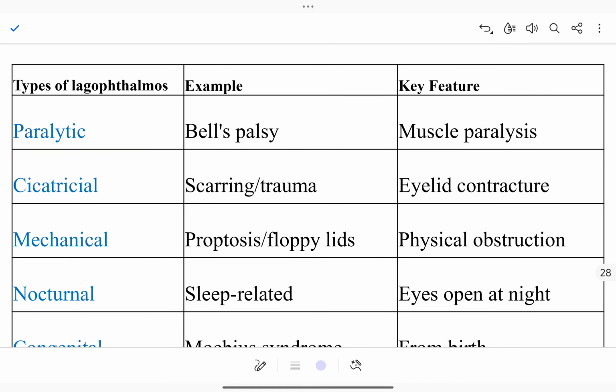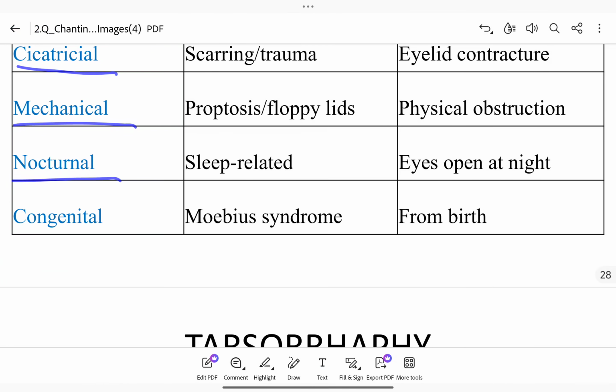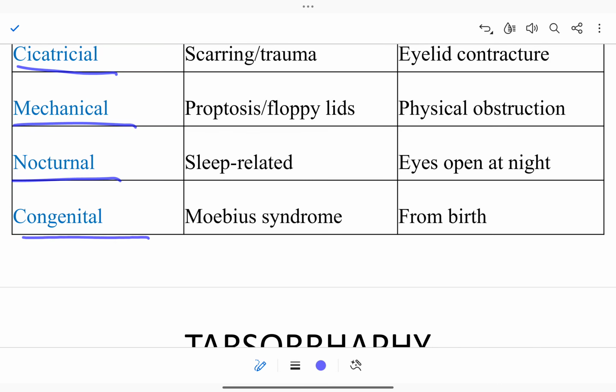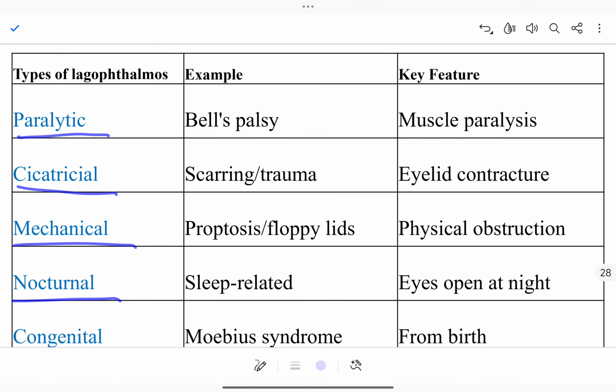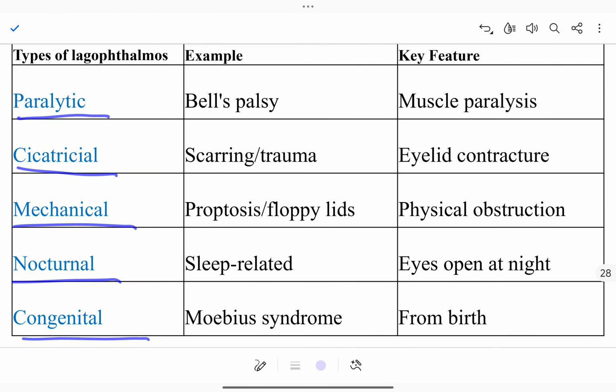Types of lagophthalmos: paralytic, cicatricial, mechanical, nocturnal, congenital. An example of paralytic is Bell's palsy; key feature is muscle paralysis.